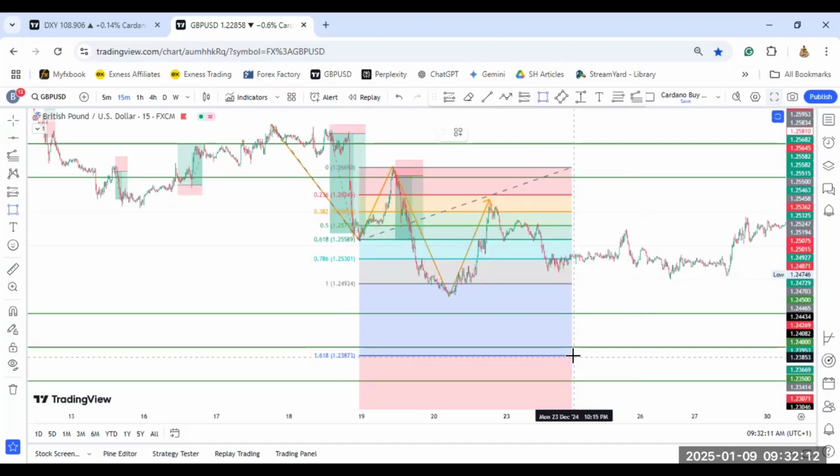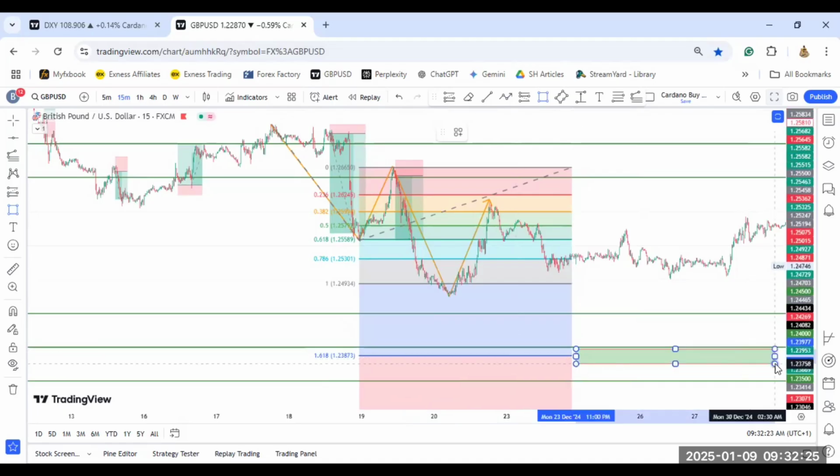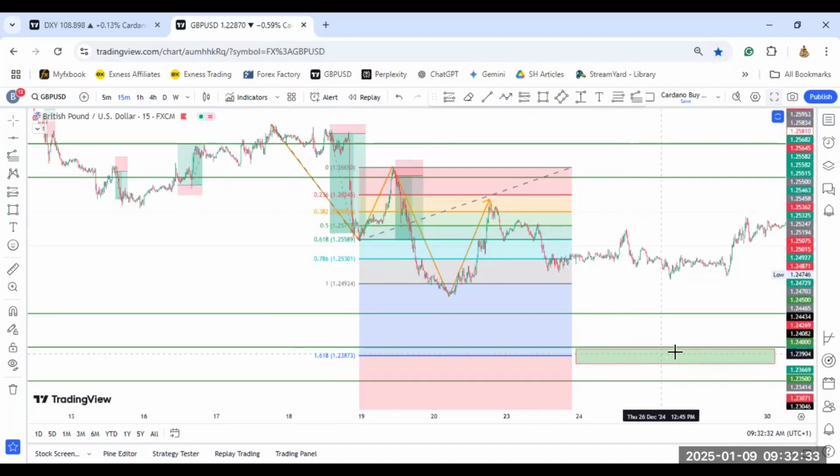Even though they are called points, like I earlier said in the video, you are going to draw a rectangle there. That will tell you that that is the area or the zone that you are looking out for. It's not going to be a perfect line that it must be on this line. So I use rectangles in my own.